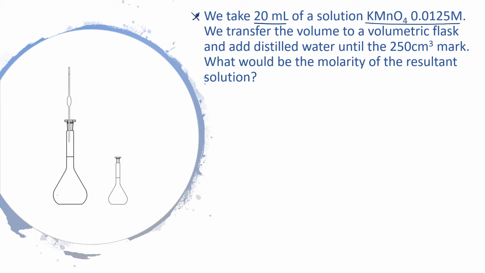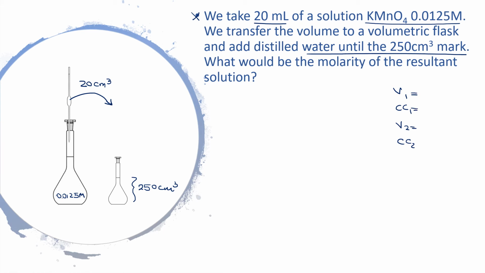So this is 0.0125 molar, and we extract 20 centimeters cube, and we put that into a volumetric flask, and we add water until we have 250 centimeters cube. So volume 1, concentration 1, volume 2, and concentration 2.